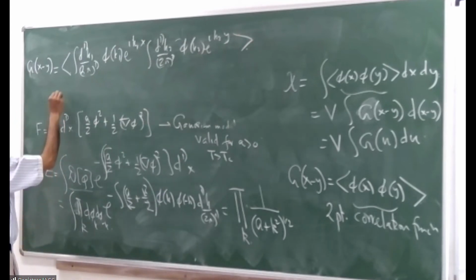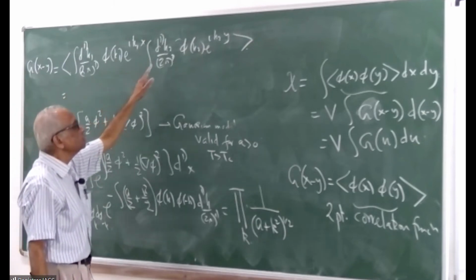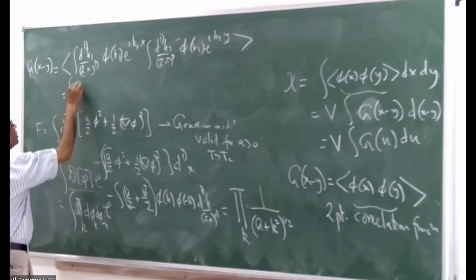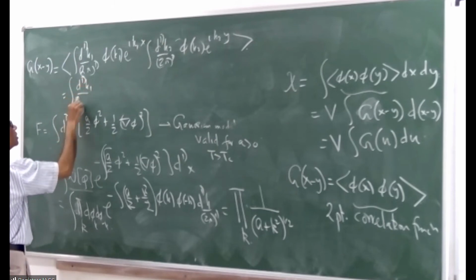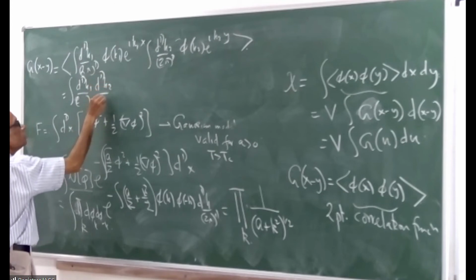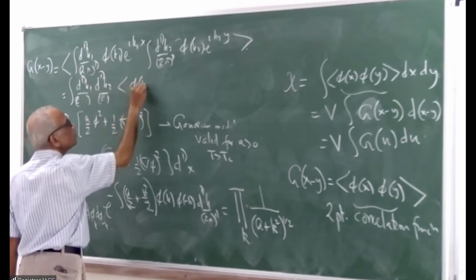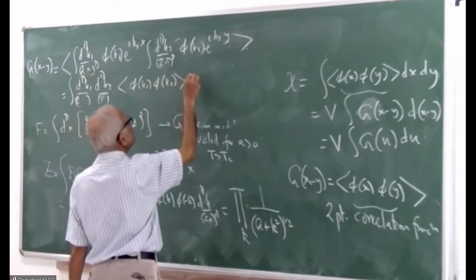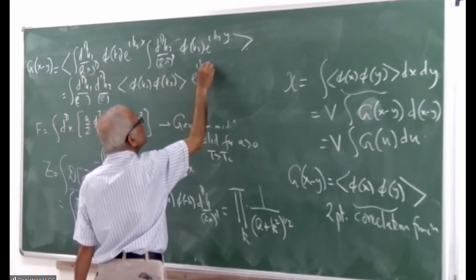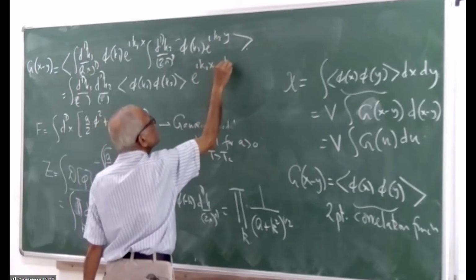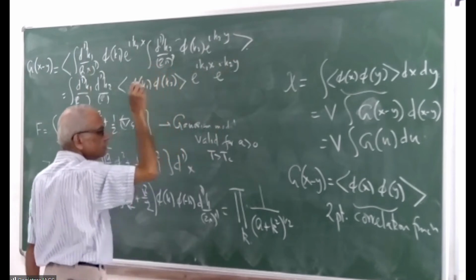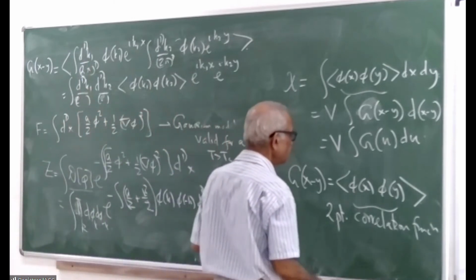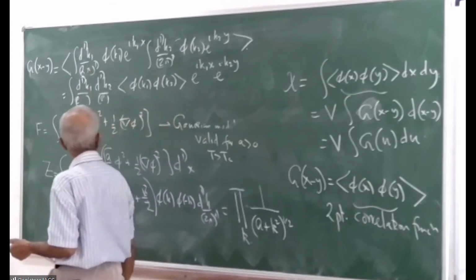So this is equal to integral d^dk1 d^dk2, the expectation value of phi k1 phi k2, and e to the power i k1 x, e to the power i k2 y, and then this is your g of x y, which is phi x phi y over here.